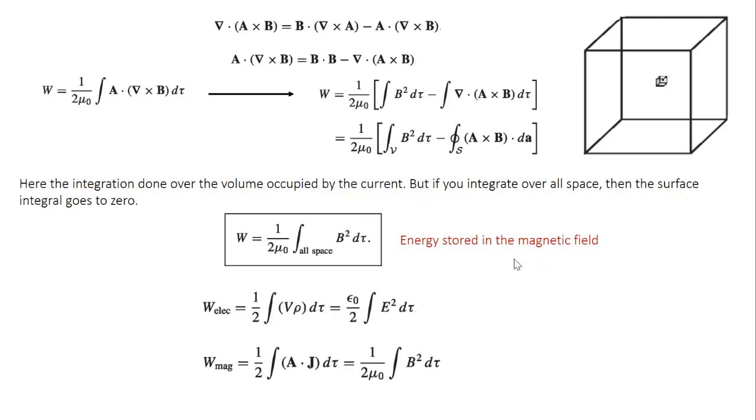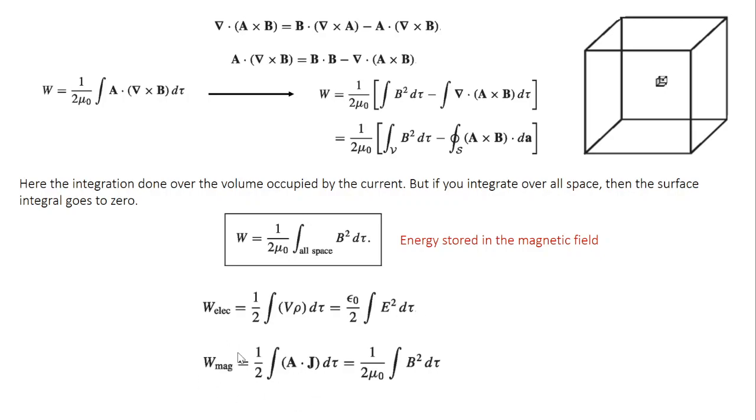Now if you recollect the results from electrostatics, the work done or the energy stored in the electric field is nothing but half volume integral V rho d tau, where V is the electric potential and rho is the volume charge density, which you can simplify as epsilon naught by 2 integral over all space E square d tau.